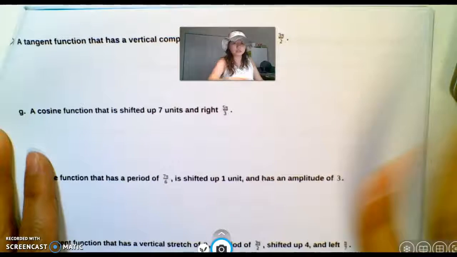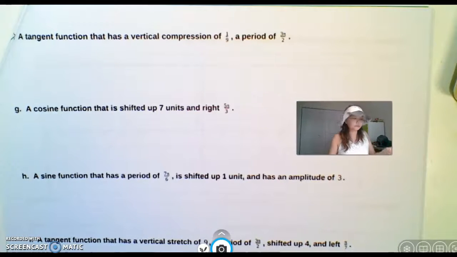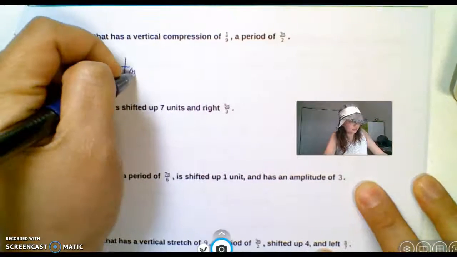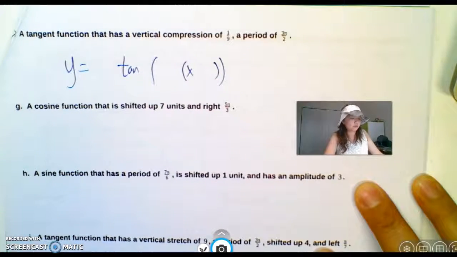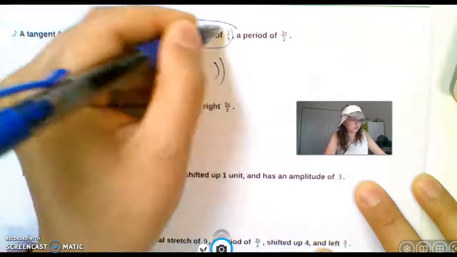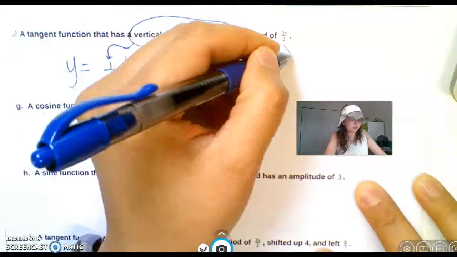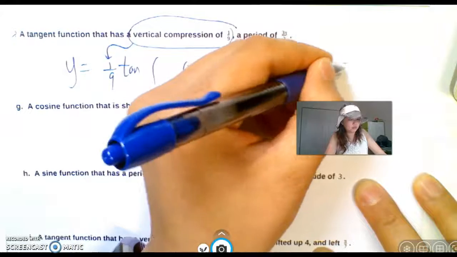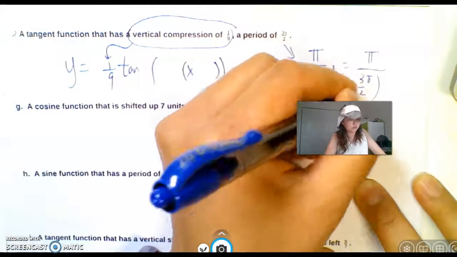Cool. Should we do a few more just because? I feel like we got through this in 6 minutes. I can do more. Tangent. Y equals tan. Open, open, x, close, close. Vertical compression of 1/9. So that goes right here. Period. Pi divided by period. Pi divided by 3 pi over 2.